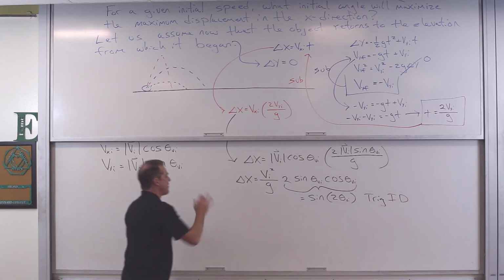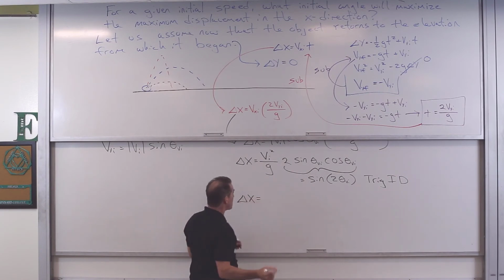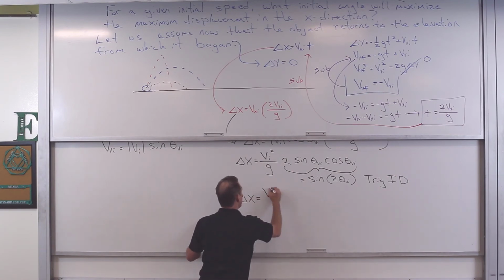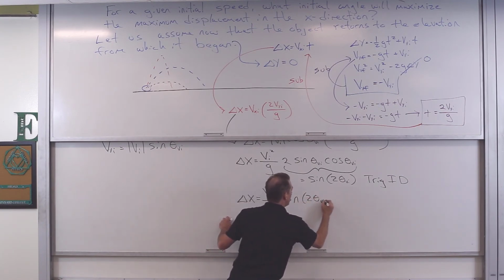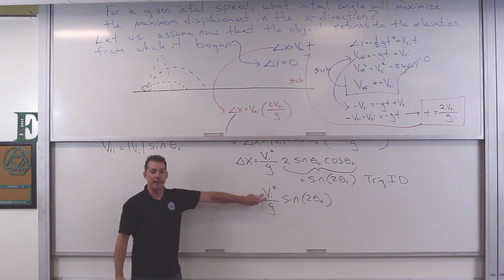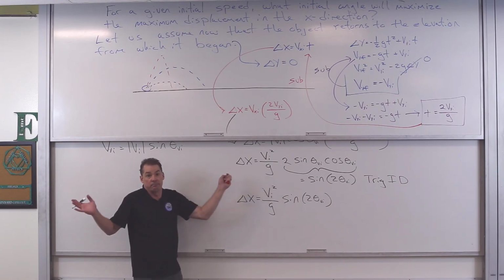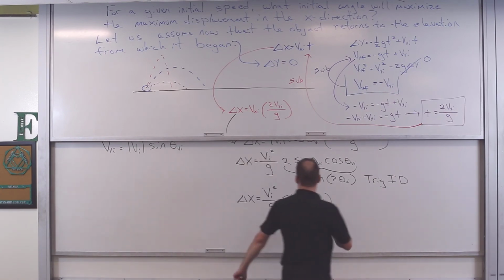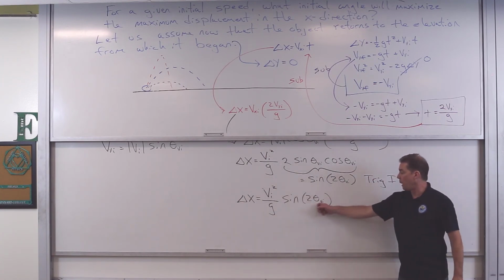So now we rewrite this as delta x. The total displacement in the x direction is v initial squared divided by g times the sine of 2 theta v initial. This is some constant that just depends on how fast you initially throw it. We're keeping that at some rate. What we want to look at is the variance of the overall outcome of delta x relative to the angle of projection here.